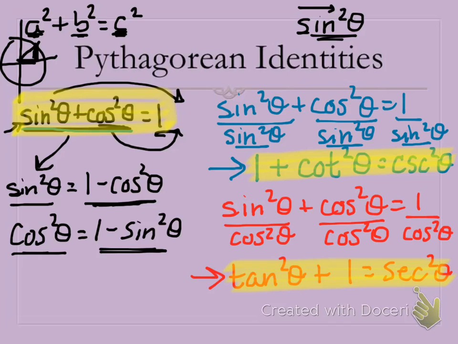Okay? Because if you can remember this one, then you can come up with these two when you need them. So really commit this one to memory, because this one's going to come up a lot, and you're really going to want to be able to pull that up just immediately whenever you see things that are being squared.